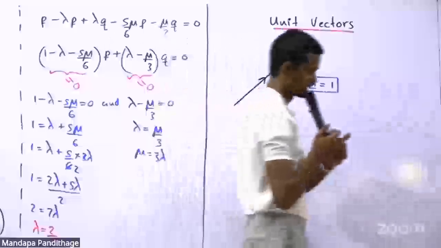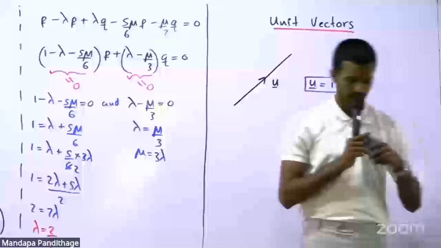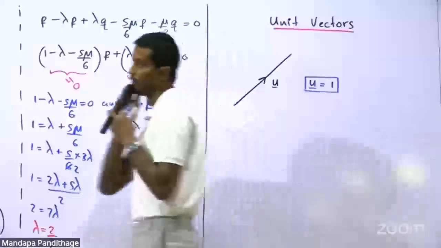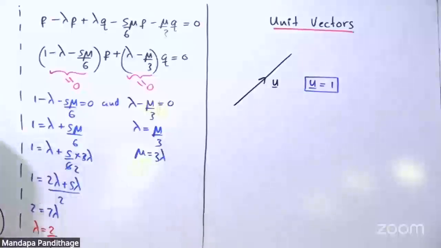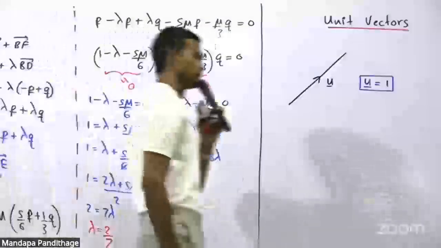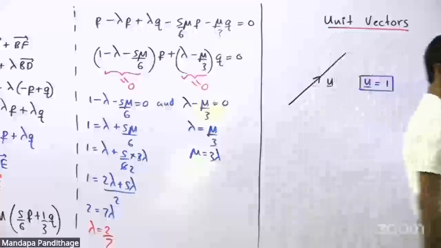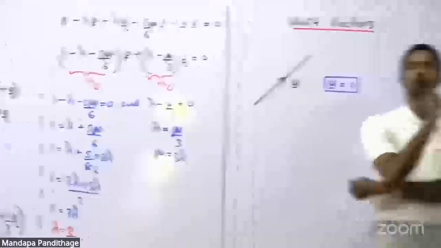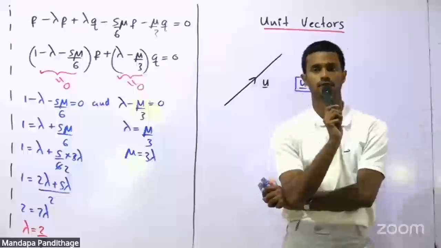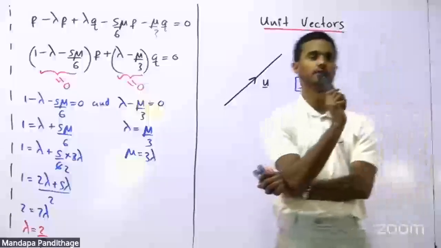Unit vectors: a vector with a magnitude of 1 is known as a unit vector.